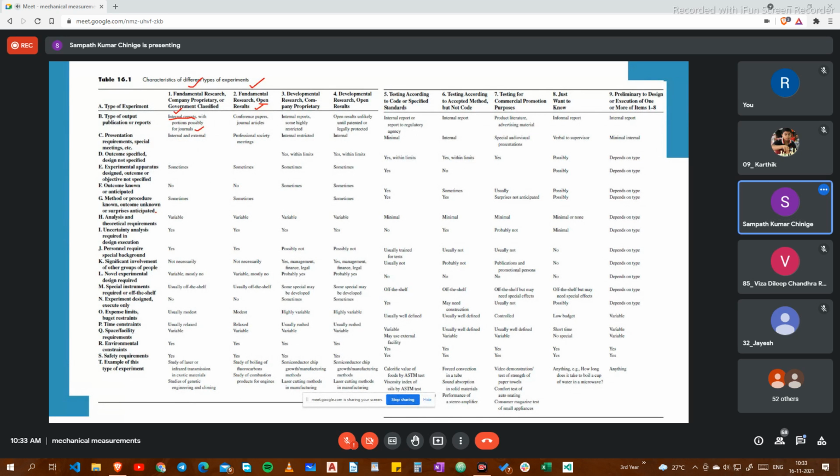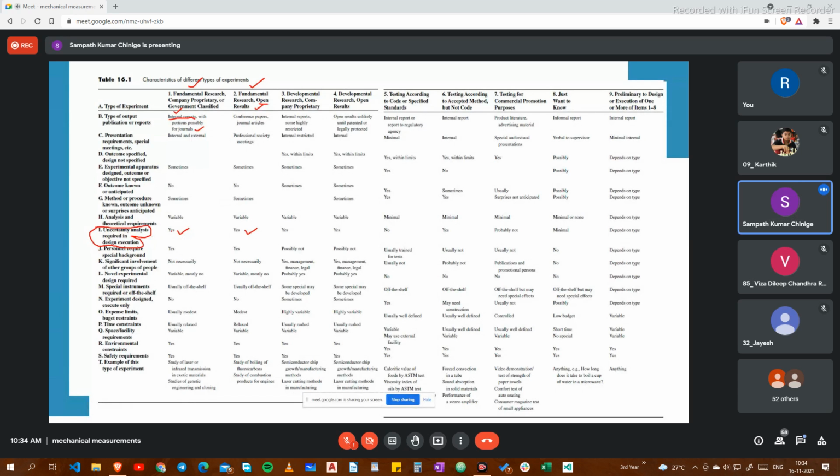Whether you require an uncertainty analysis, this is required in every experiment in general. Uncertainty: what is the deviation from the actual value? What is the error involved? This is very, very important. This uncertainty analysis has to be carried out, and it has to be explained in whatever internal reports and journal articles. People will ask what the deviation from the actual value is.